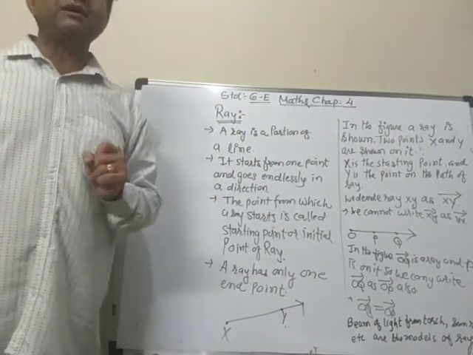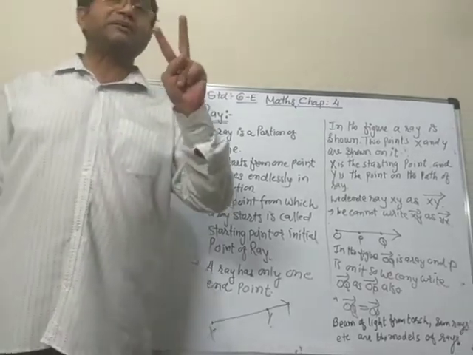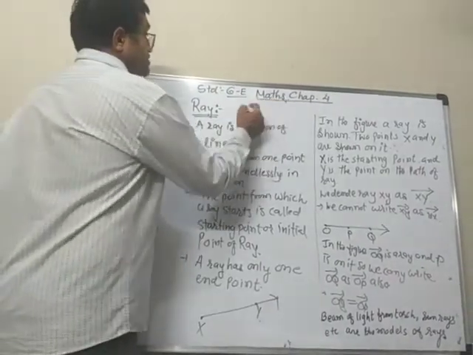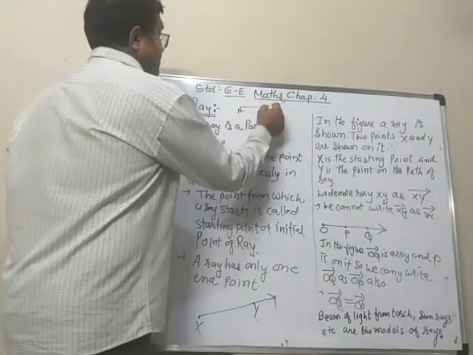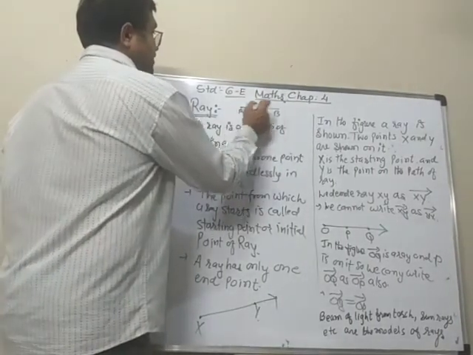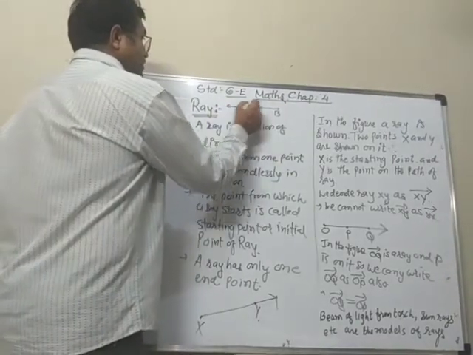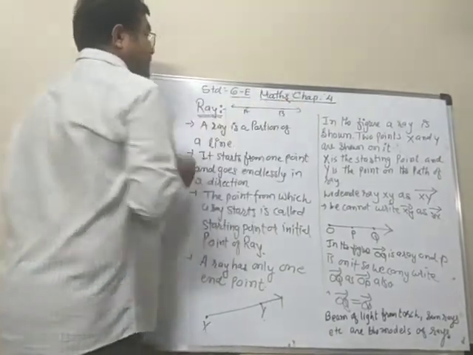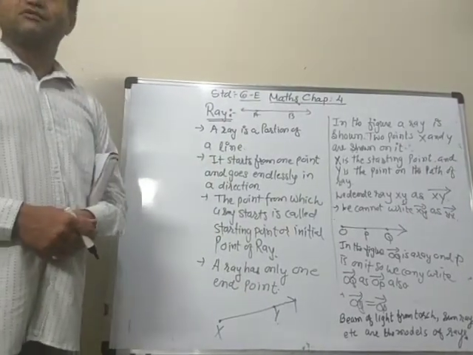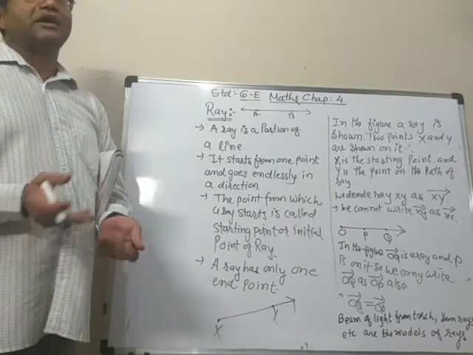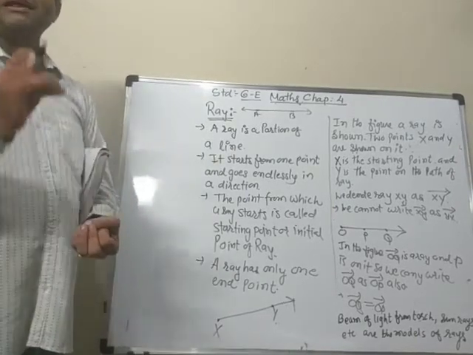Before we go further, I must tell you that a ray has only one end point. In a line segment, we saw that it had two end points because it is not going endlessly on both sides. So here, point A and point B are both the line segment's endpoints. But if you extend them and make a line, we saw that a line is going endlessly on both sides. Therefore, it does not have any endpoint.